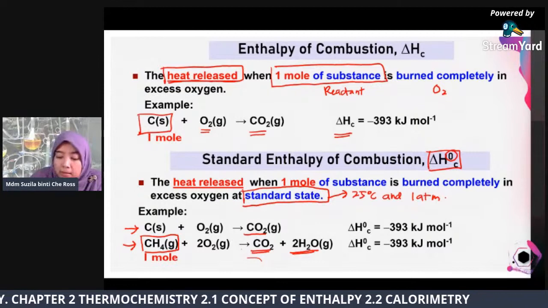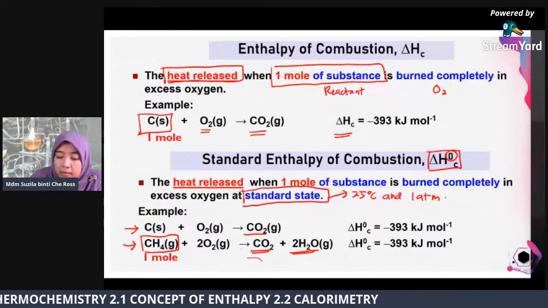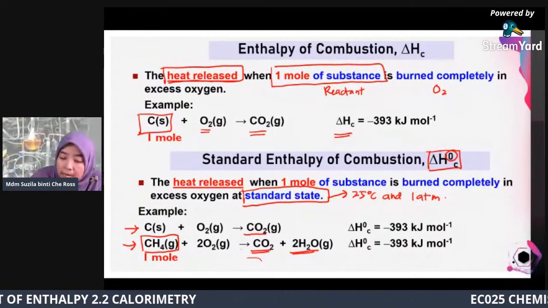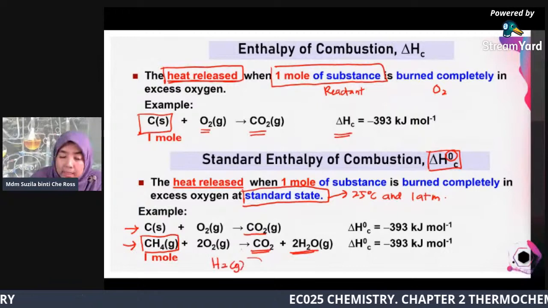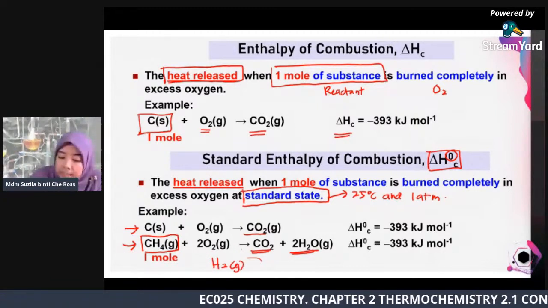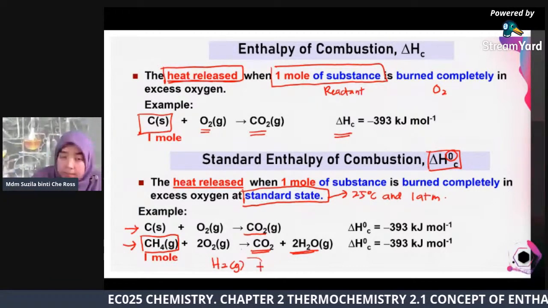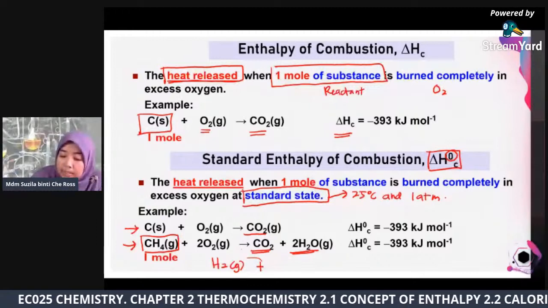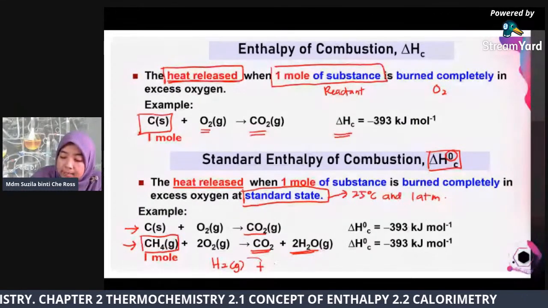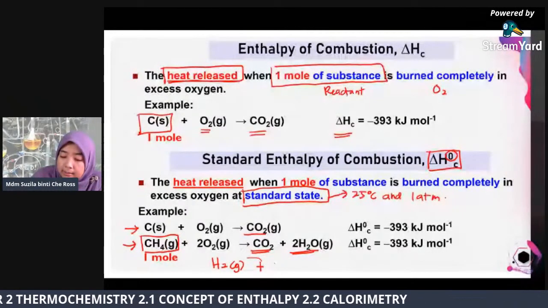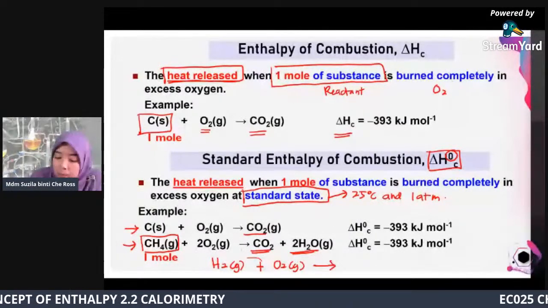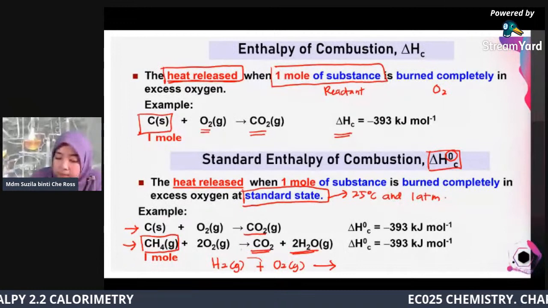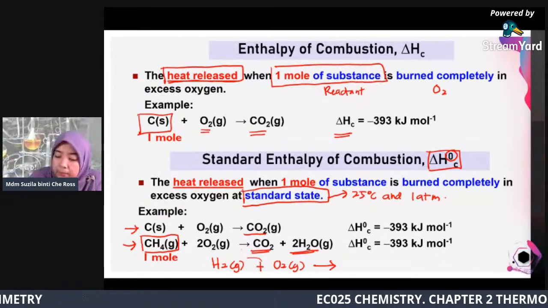It depends on the substance that you use. For example, if you have hydrogen as a reactant and it reacts with oxygen in excess, the product formed is only water.